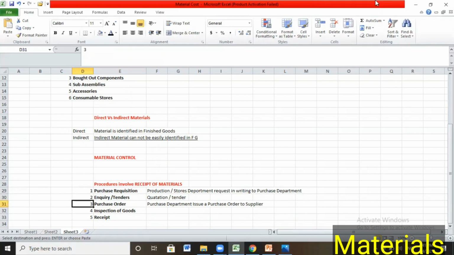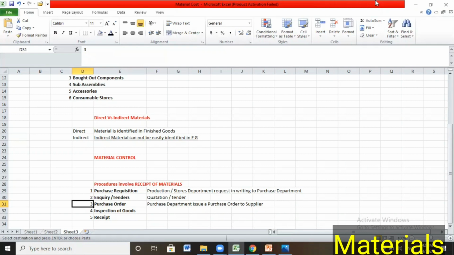Then the selection of tender. All tenders received by the stipulated day and time are opened and examined. All tenders are compared and the contract is awarded to the supplier offering the best terms. So either best quality, best pricing, whatever it be. But the selection procedure is taking place over here.